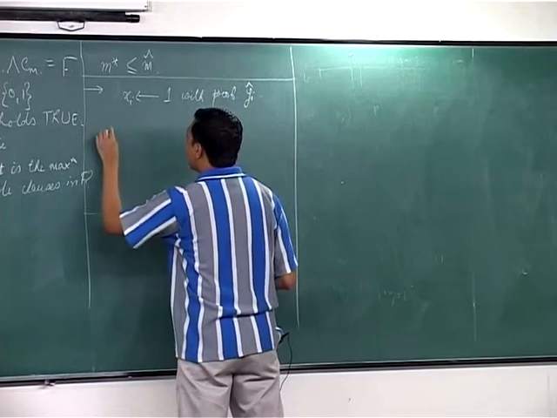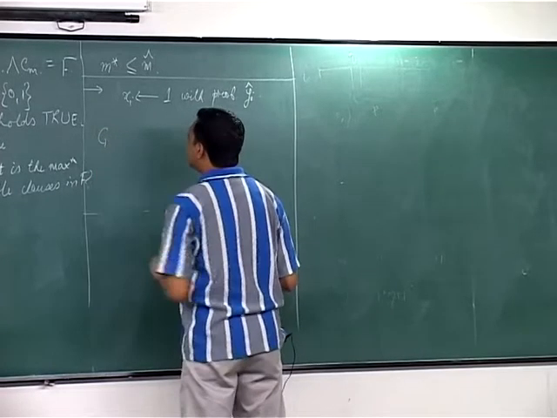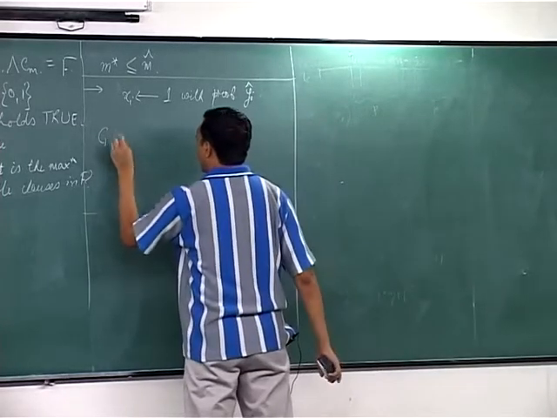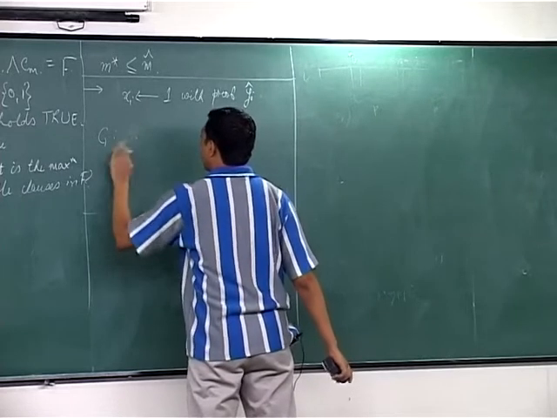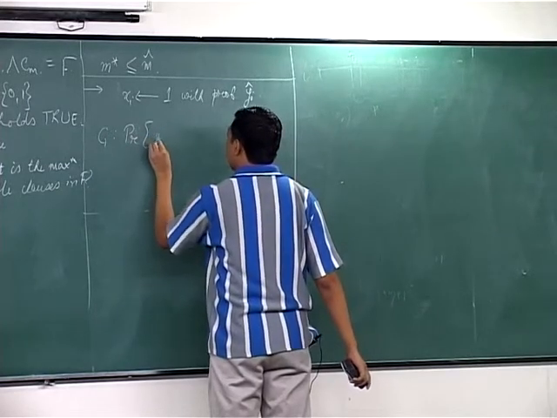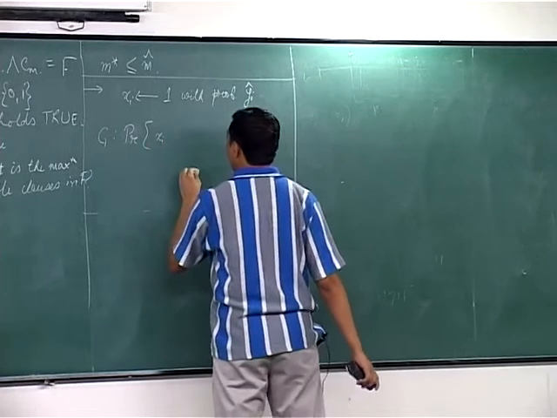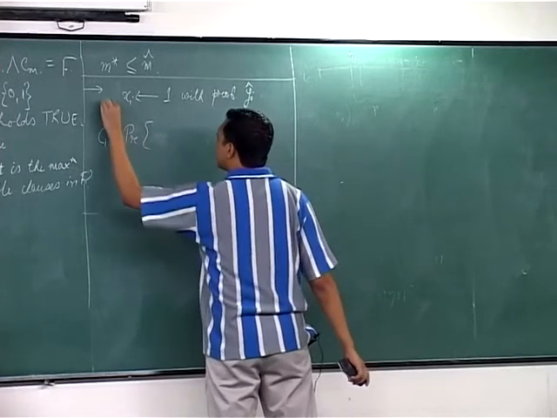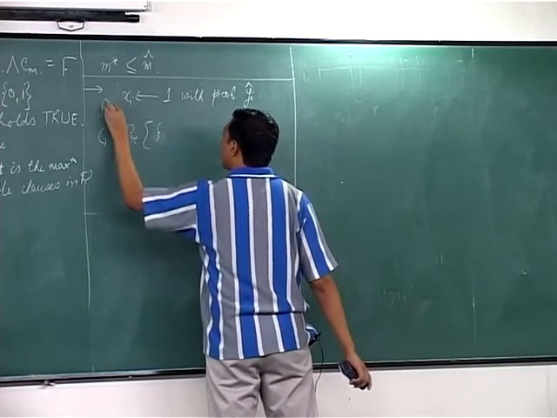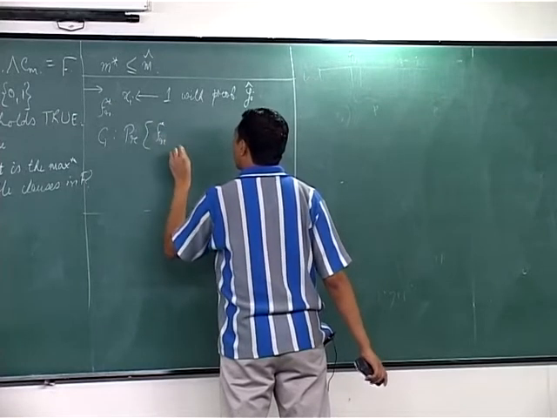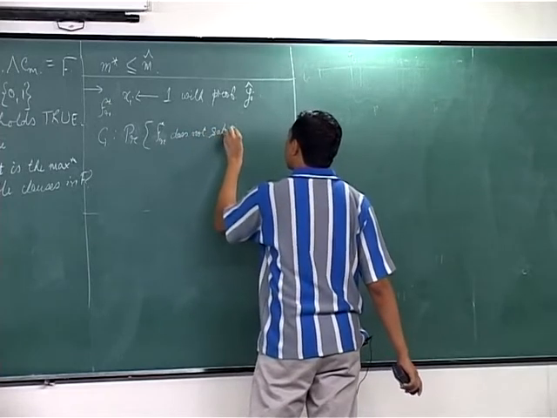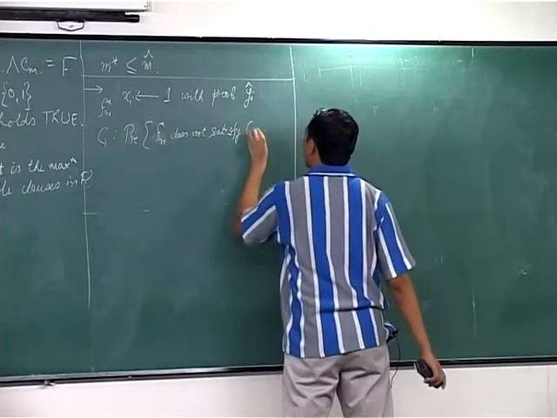Again, you look at an individual clause, and you do the same thing as we were doing earlier. We ask the question, what is the probability that this assignment, let's call it y star, does not satisfy Ci?